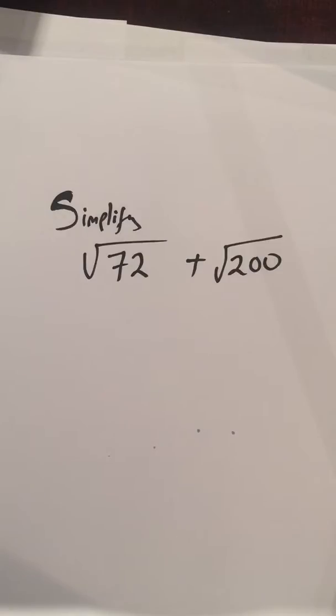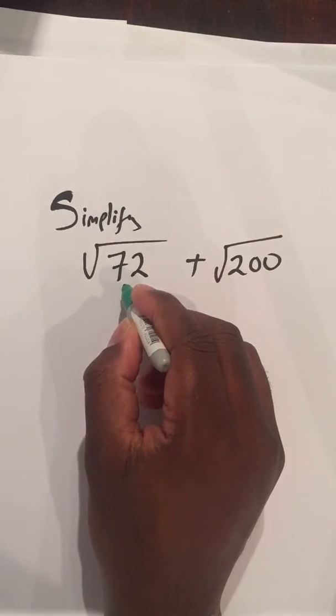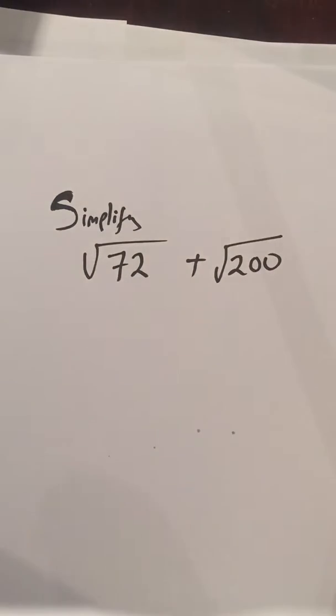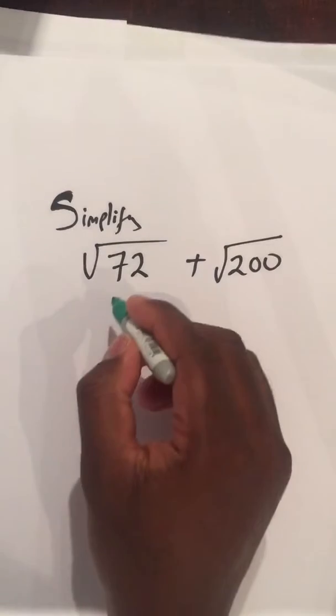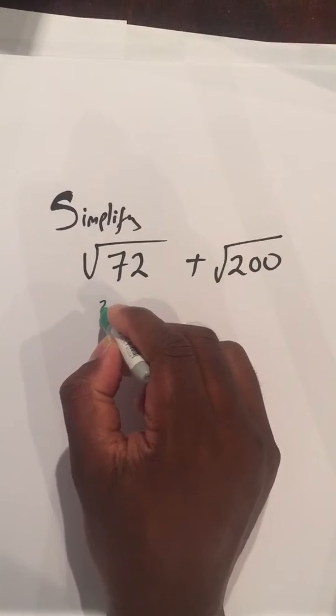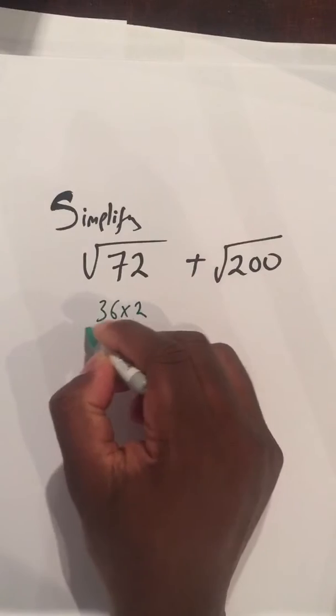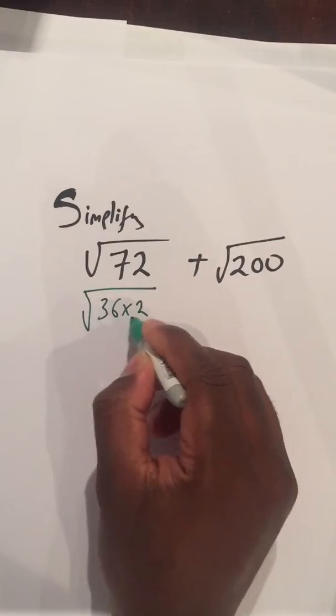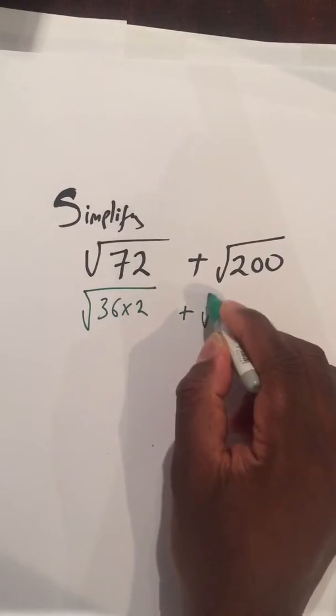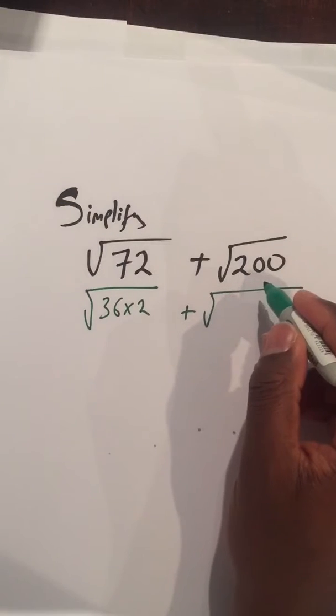Well, a number of people would claim that this is easy, and rightfully so. But what you need to do is realize that we are very familiar with the number 72. It comes from 36 times 2. And 200 is a familiar number as well.